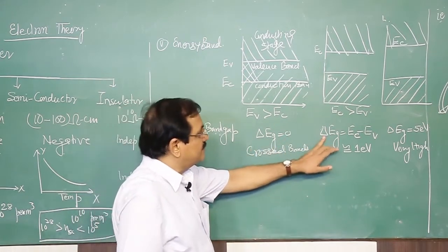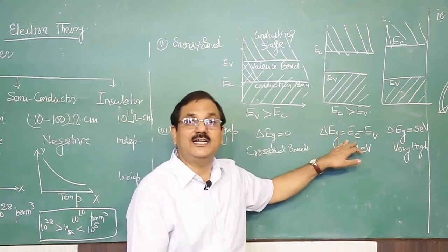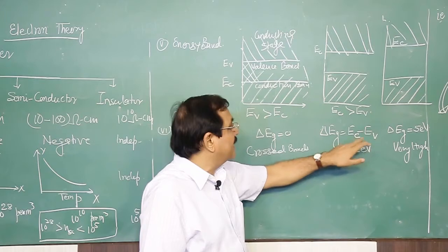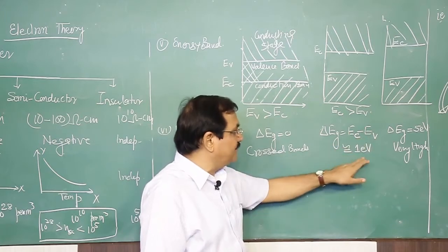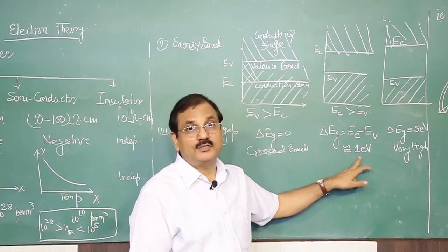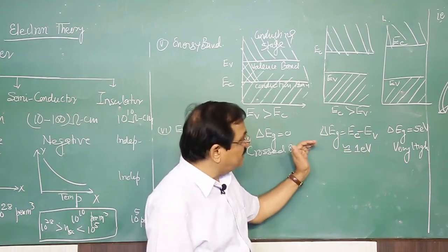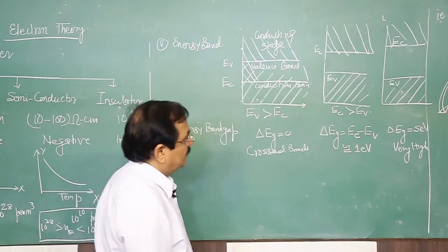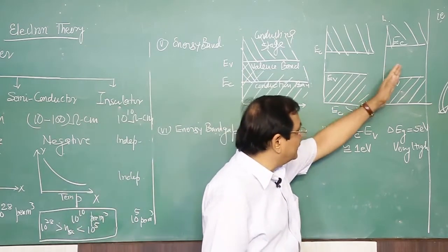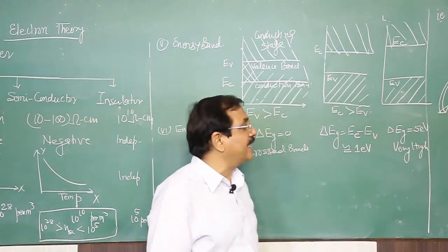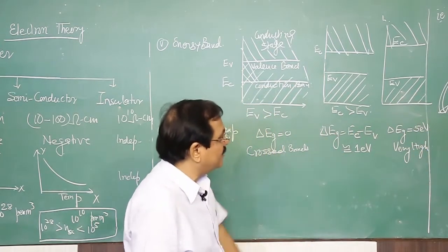In case of semiconductor, yes, there is a finite band gap, that is higher band is EC, lower band is EV. So, EC minus EV is approximately 1 electron volt. This value will change from material to material, and in case of insulator there is a 5 electron volt, it is very high band gap, and these are the basic concepts.